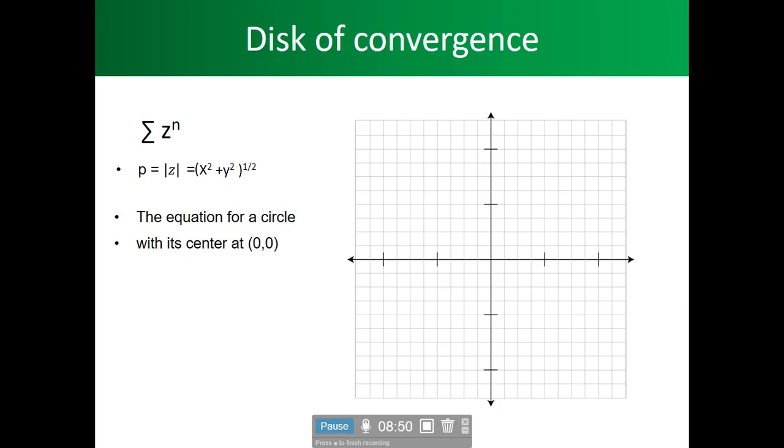So I hope you can see that. x squared plus y squared, that whole quantity, that group of things. So what we have here is the circle centering on 0.